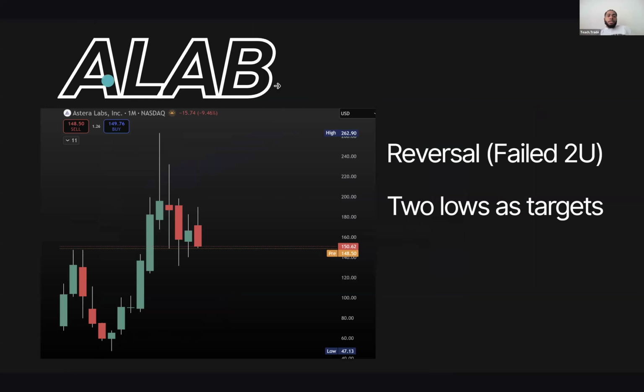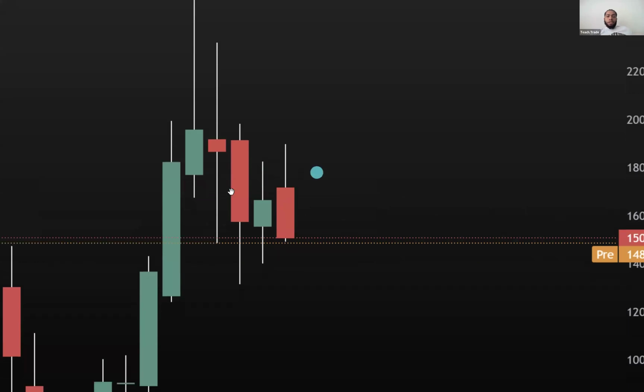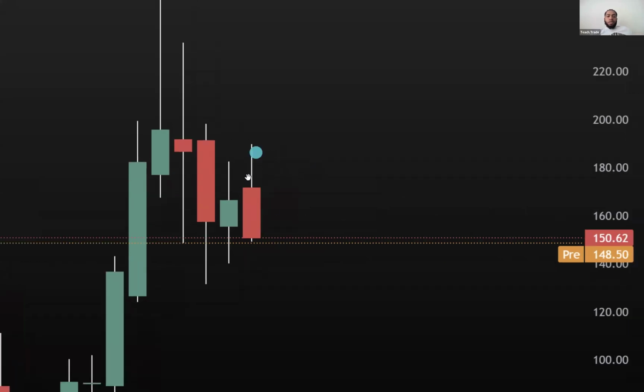Another ticker to put on your watch list is ALAB. This has a failed two up, which means we hit a previous high, were not able to hold above it, and that led to a reversal back down, often looking like the LVL, the 25 cents.